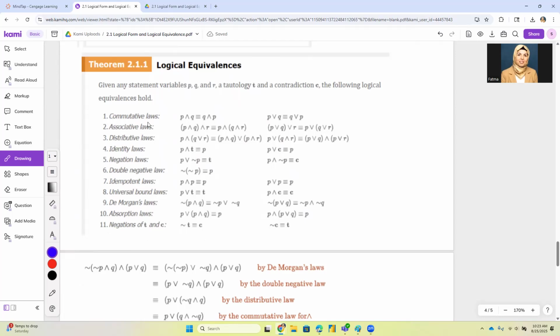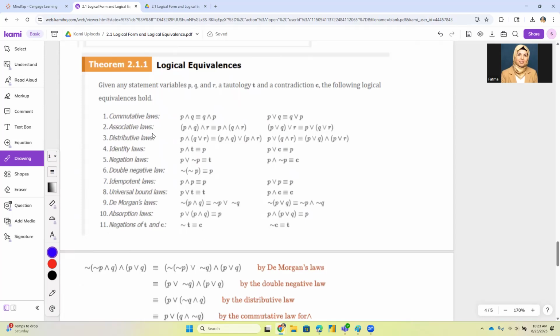We have the commutative law, which means P and Q is logically equivalent to Q and P. Same thing, P or Q is logically equivalent to Q or P. Maybe you remember these laws from addition, multiplication. Even if you change the order of the P and Q, you will still get the same logical truth table. This is called the commutative law.